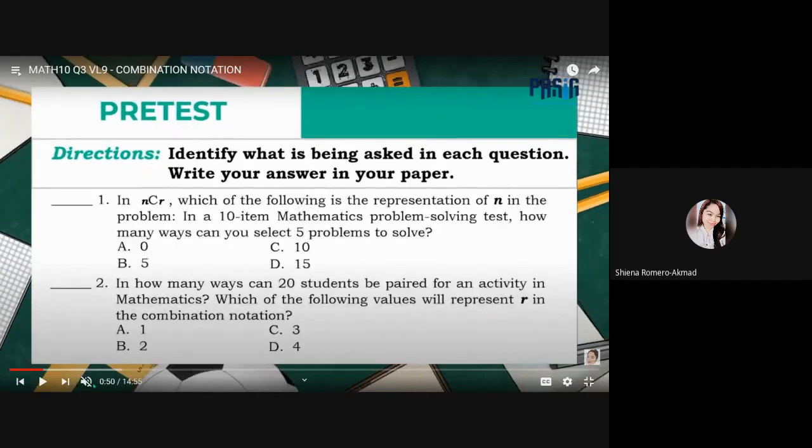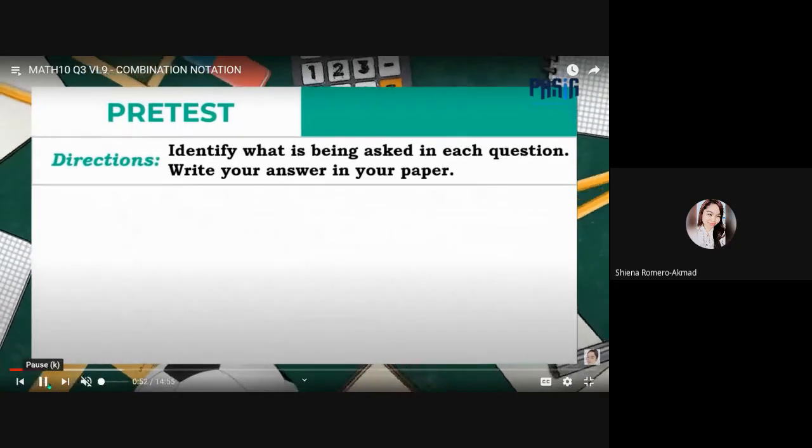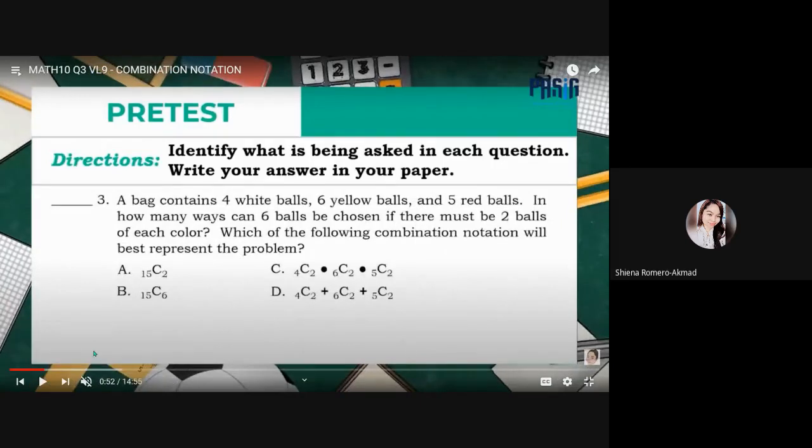Next, number 3. A bag contains 4 white balls, 6 yellow balls, and 5 red balls. In how many ways can 6 balls be chosen if there must be 2 balls of each color?